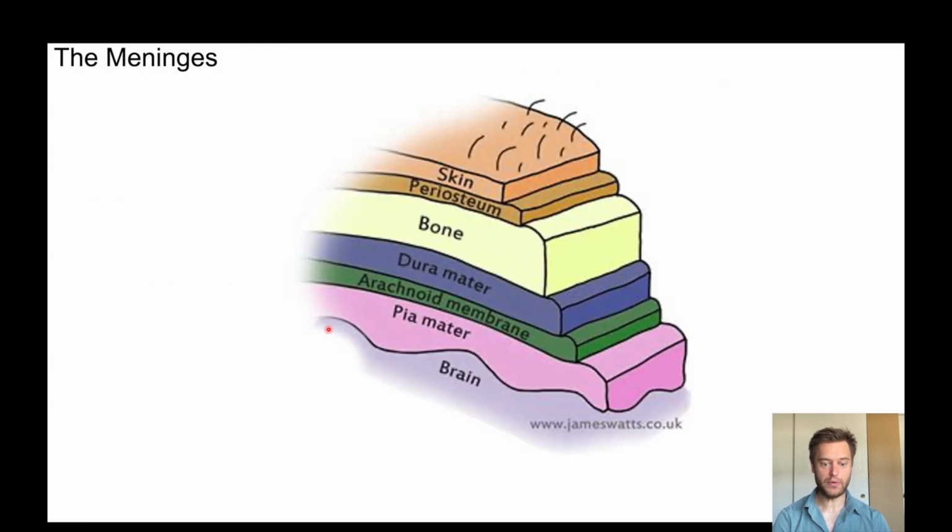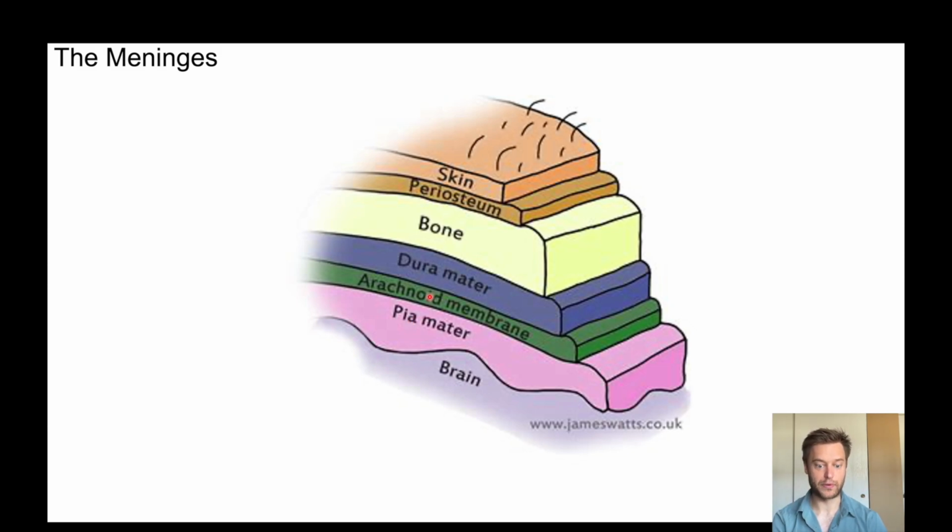Surrounding the brain are what's called the meninges. This is a cross section of the skull. We have our skin or scalp, then a small area of tissue beneath that, then bone, which is the skull, and then the meninges, which are the dura, the arachnoid membrane, and the pia. What you need to know is that the meninges exist: a rather thin surrounding tissue.